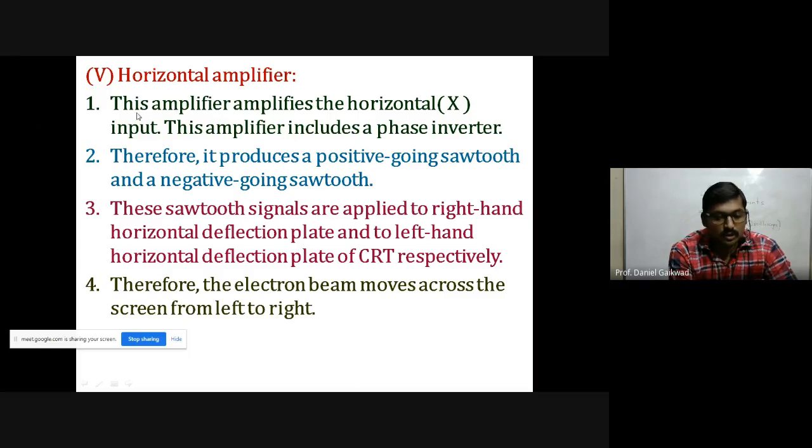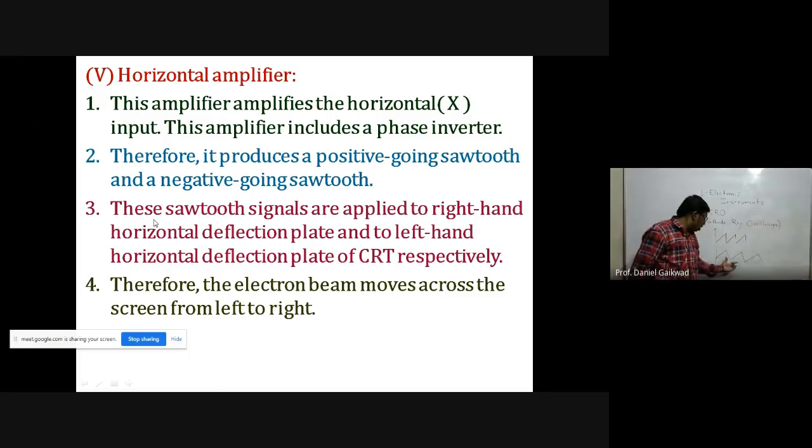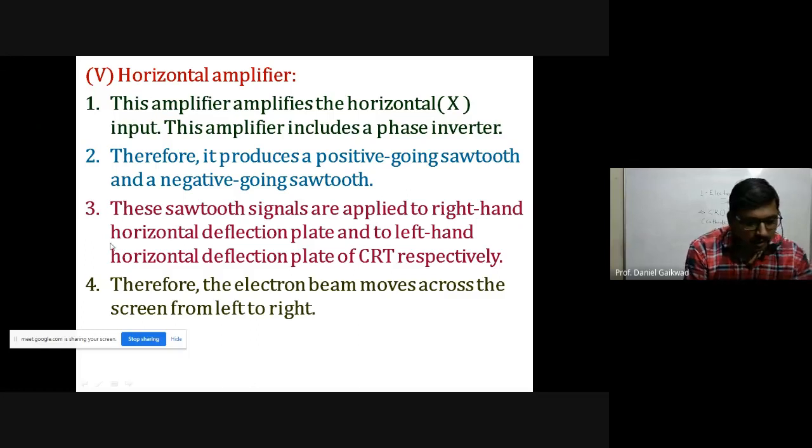Number second, therefore it produces a positive going sawtooth and a negative going sawtooth. That we have already shown in this diagram: positive going sawtooth, negative going sawtooth like this. So this will be the diagram.